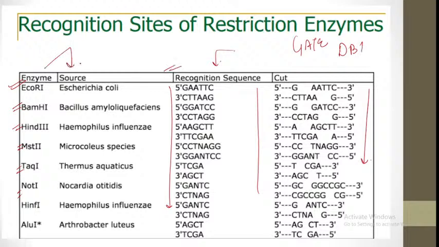In addition, remember the source as well. You can take a screenshot of this from the class itself and remember all the sources, all the recognition sequences, and all the places where it would be cutting. So this is a list for you all. Make sure you remember this, do not miss it out.